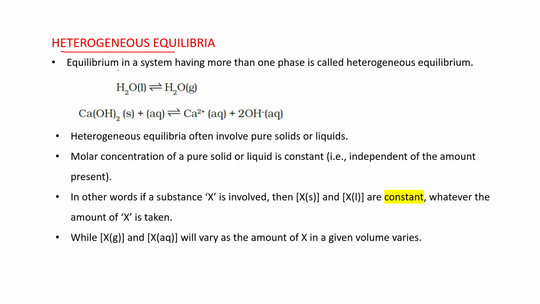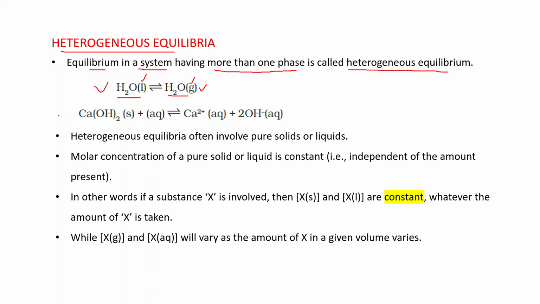Heterogeneous equilibria. Equilibrium in a system having more than one phase is called heterogeneous equilibrium. For example, H2O in the liquid state is in equilibrium with H2O in the gaseous phase. This is liquid and this is gas; more than one phase is there.